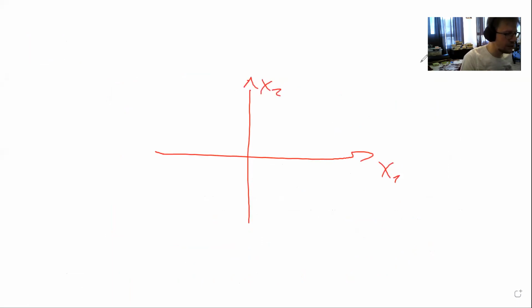Okay, so imagine you have this x1, x2 space, and you know that x1 dot is equal to, what was it? Alpha, I believe, x1 minus beta x2, something like this, right?